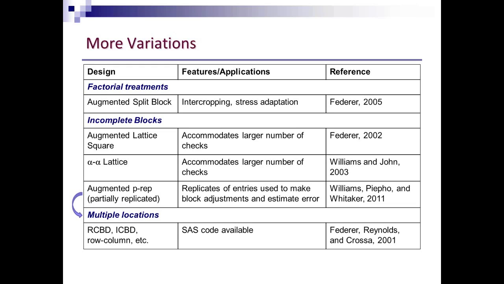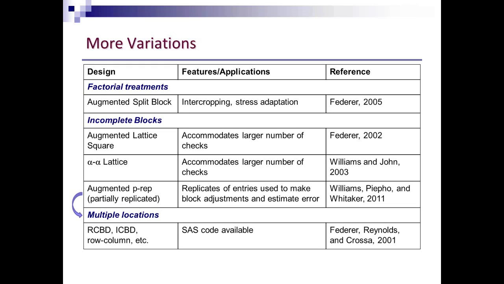An interesting paper was published recently on augmented p-rep designs, and the feature of this is that you would actually replicate some but not all of your new entries, and then you might do this across multiple sites. So say at one site you might replicate the first 10 entries, and then at another site the next 10 entries, and so on.